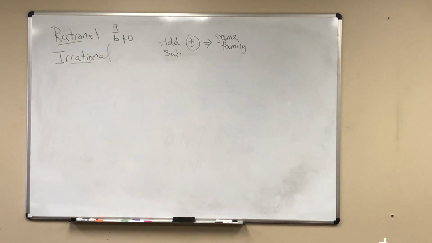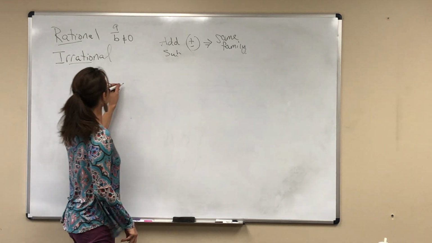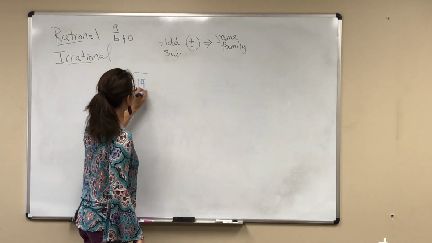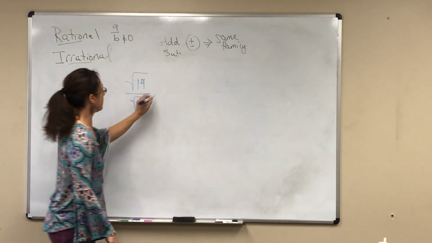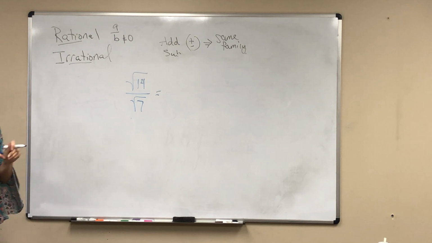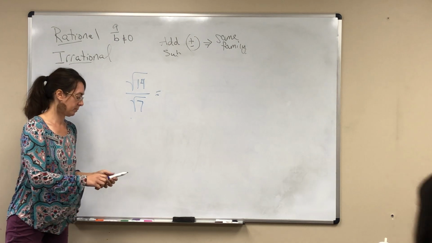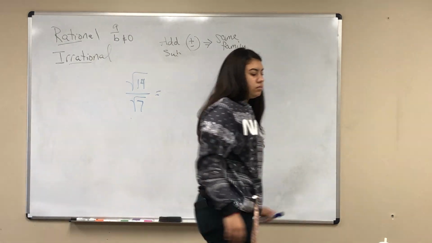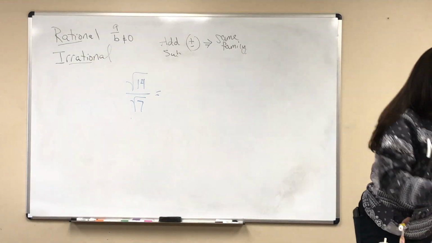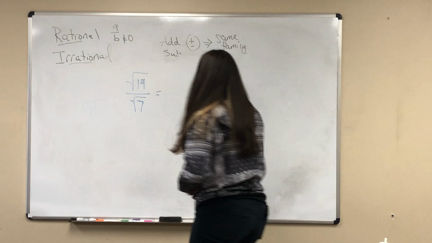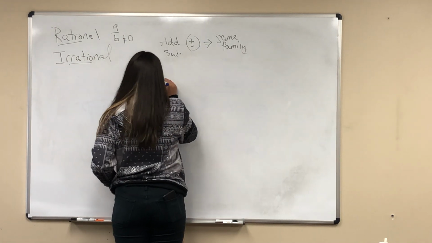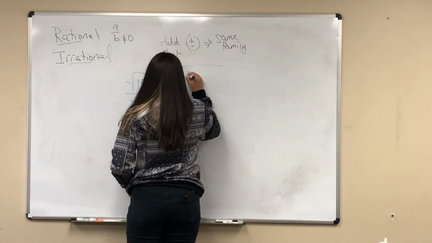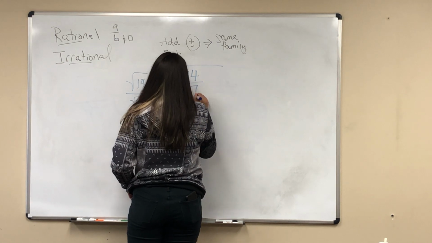But it's fine. Let's do the square root of 14 over the square root of 7. How would we rewrite that? Perfect.